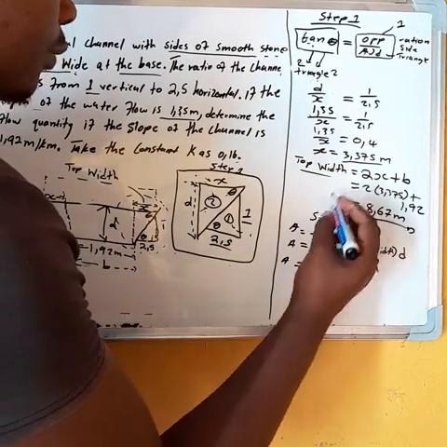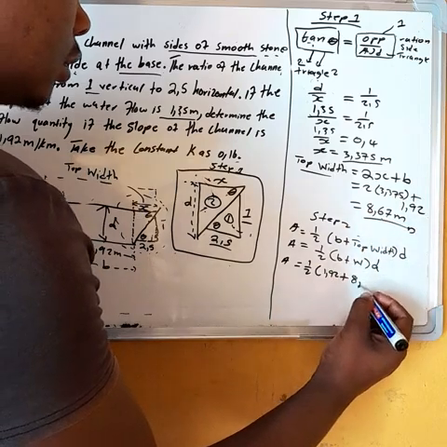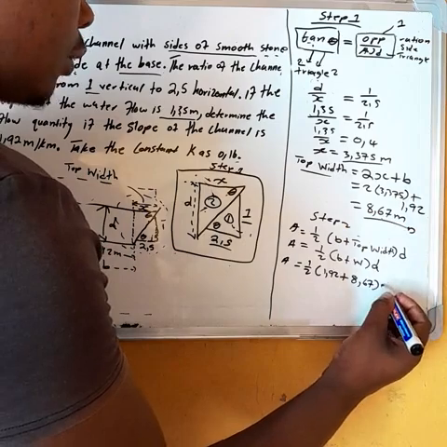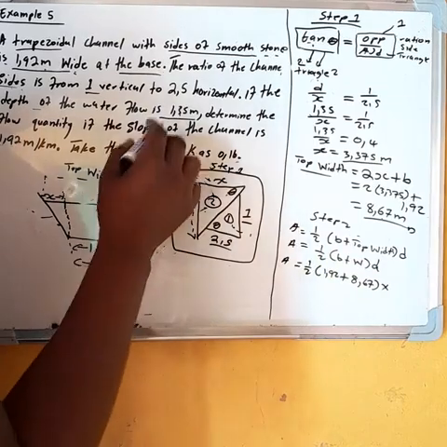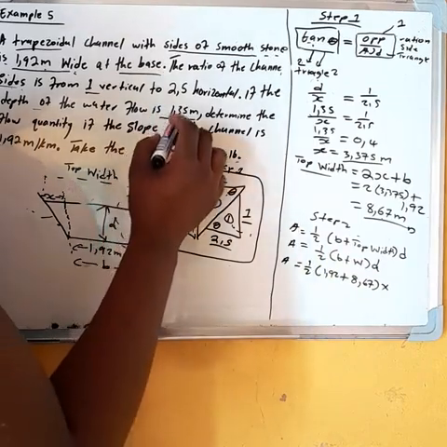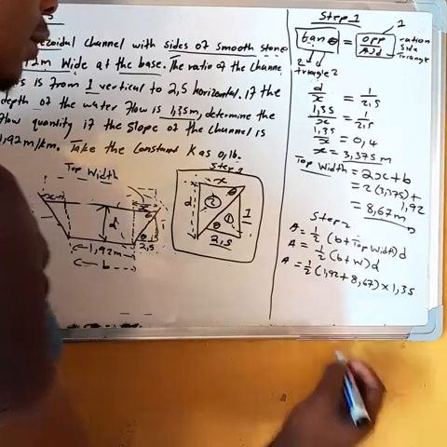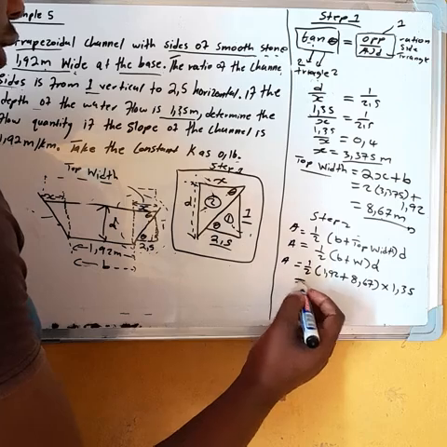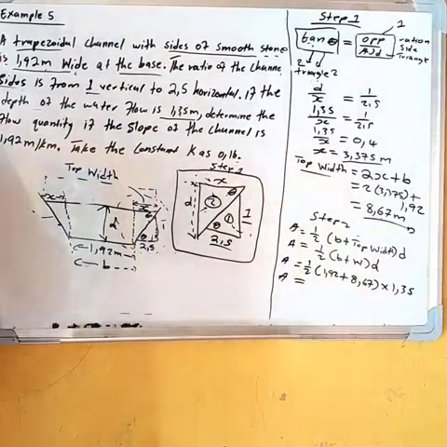The top width we calculated here is 8,67. The depth is 1,135. Then you punch this on your calculator.